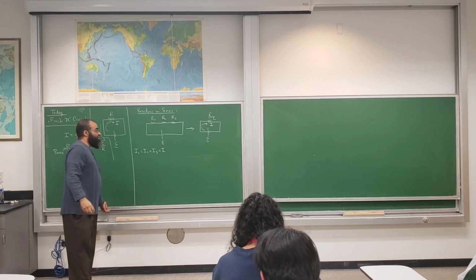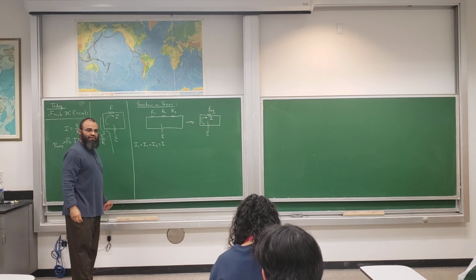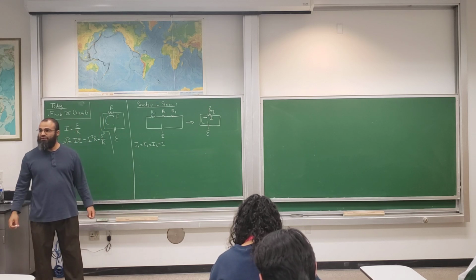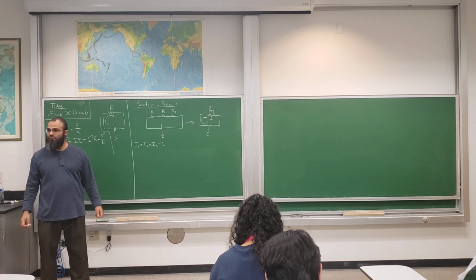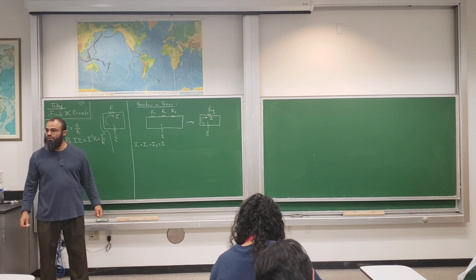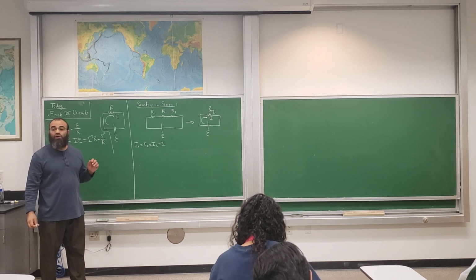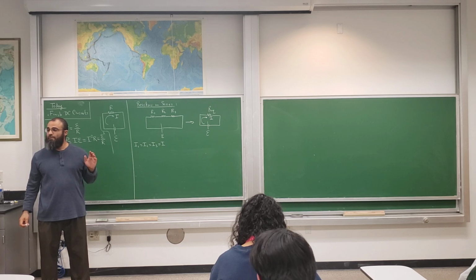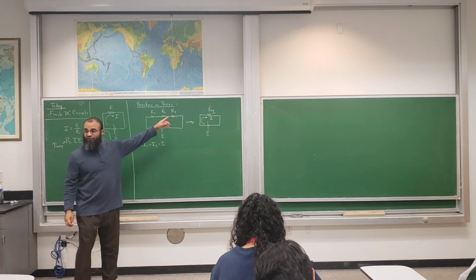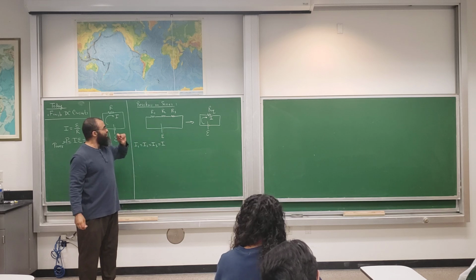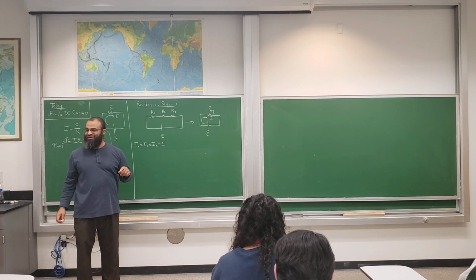Let's look at, we'll apply the loop rule. So would it be the resistor with the lowest resistance? Will it be the resistor with the lowest current flow? Is R equivalent related to all of them? Yeah. It will be related to all of them.